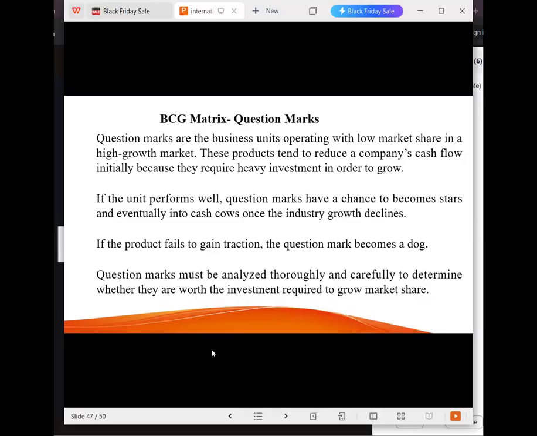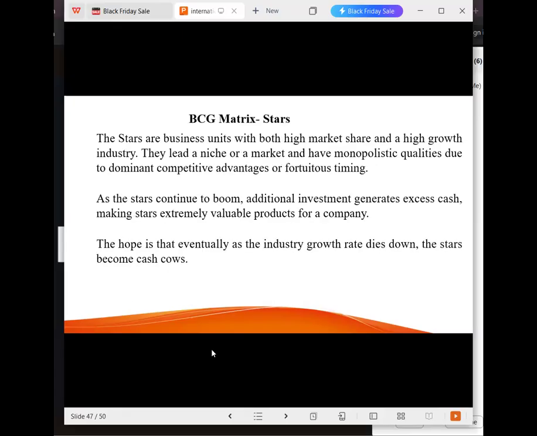So here it is saying that if the unit performs well, a question mark has a chance to become a star and eventually a cash cow once the industry grows its clients. As a company keeps investing, they are hoping that their market share will expand and increase. When the market share expands and increases, it can become a star. Let me take us back.